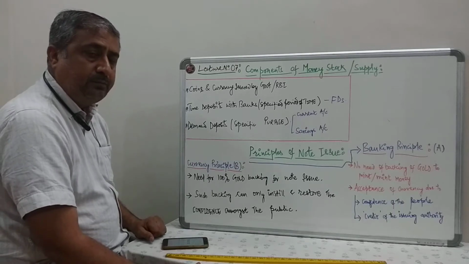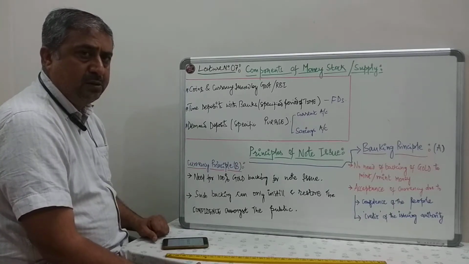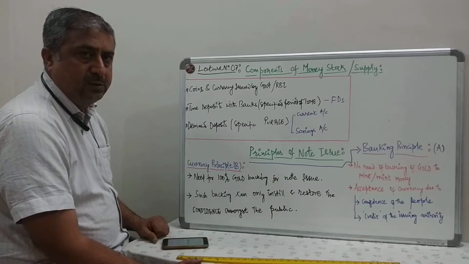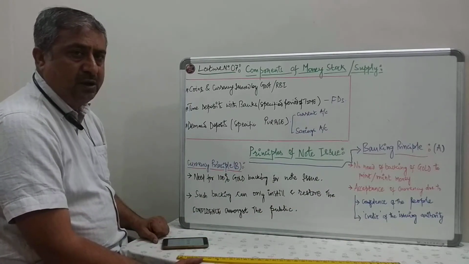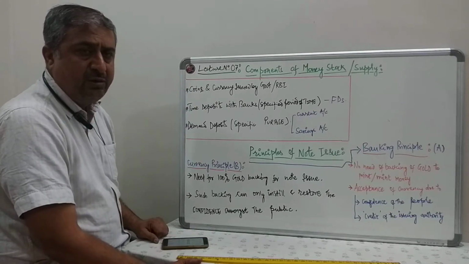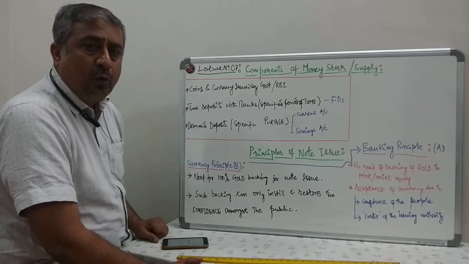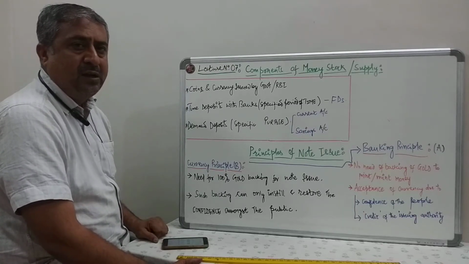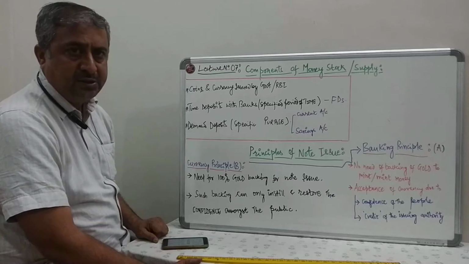Second one, demand deposits. They are made for a specific purpose. Like, for example, current account. Current account is generally opened or maintained by organizations carrying out commercial businesses.